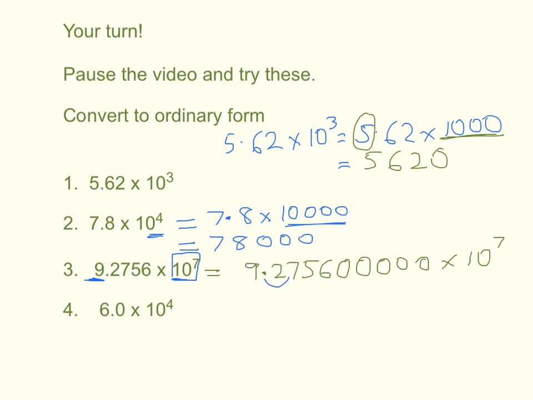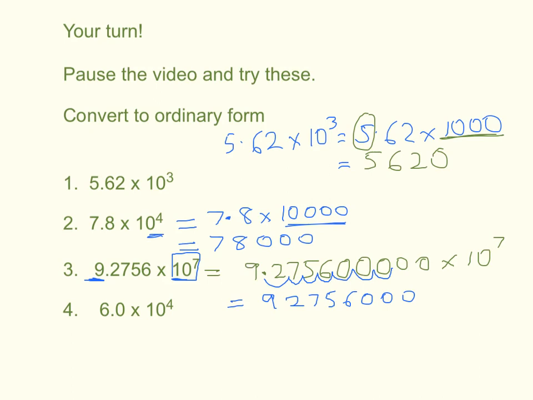So here we go, 1, 2, 3, 4, 5, 6, 7. So 9, 2, 7, 5, 6, 0, 0, 0.